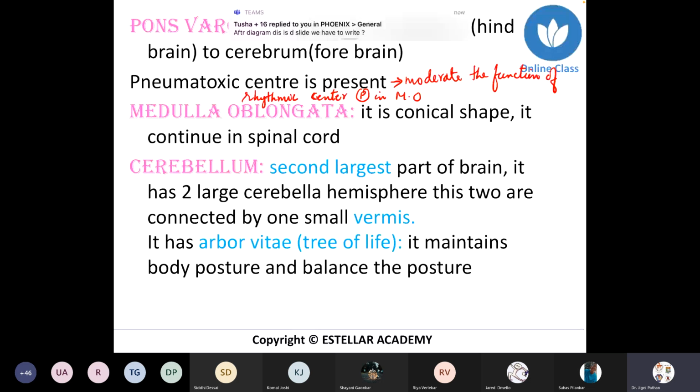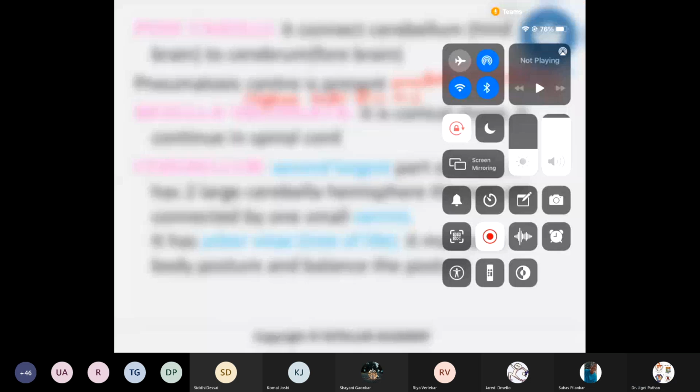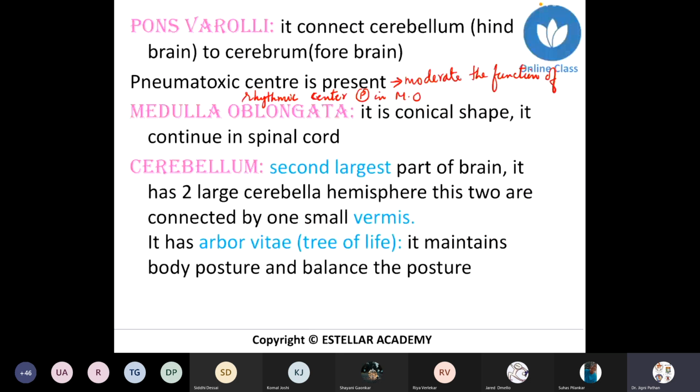Done? Just write down about the pons varoli. Pons varoli, write down, Komal. It connects cerebellum to a cerebrum.